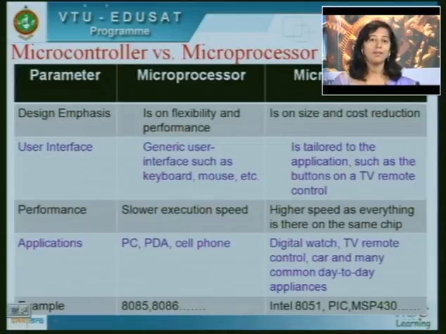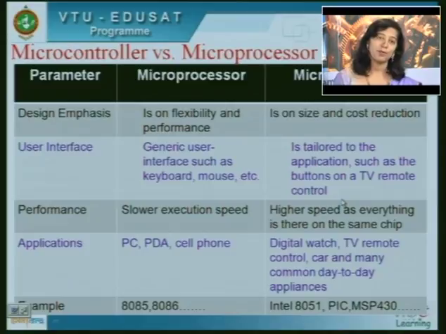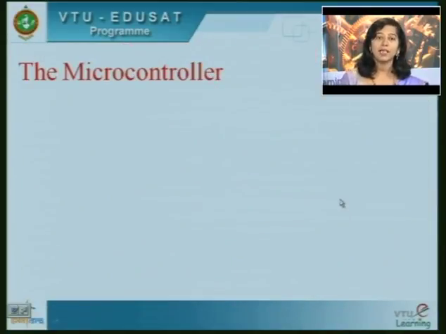So, all our processors which we generally use in our laptops and PCs are microprocessors, whereas microcontrollers are used in simple appliances which we use in our day-to-day life. The example microcontrollers are Intel 8051, MSP 430, and the PIC microcontroller. PIC stands for Peripheral Interface Controller. So these are the major differences between a microprocessor and a microcontroller. So today we are going to study about microcontrollers.